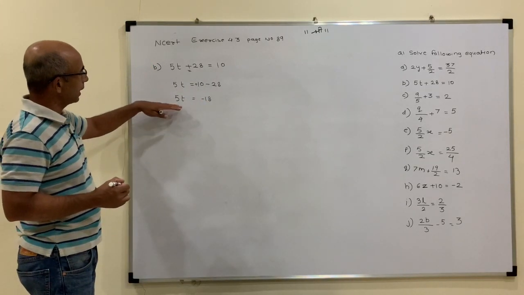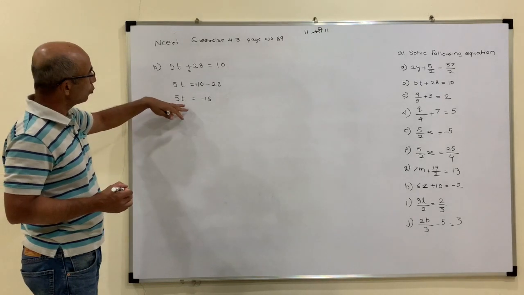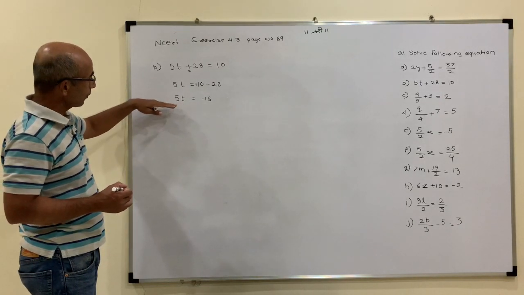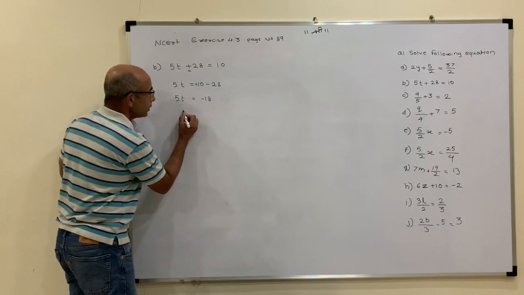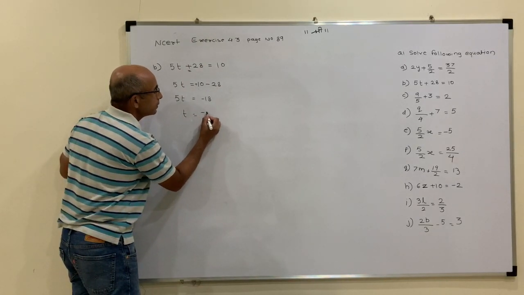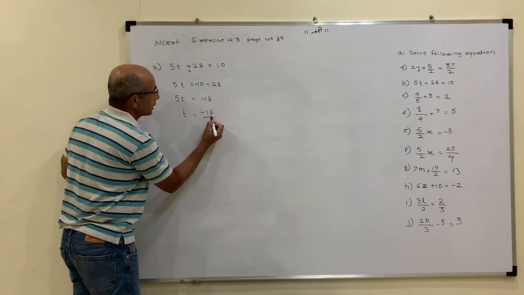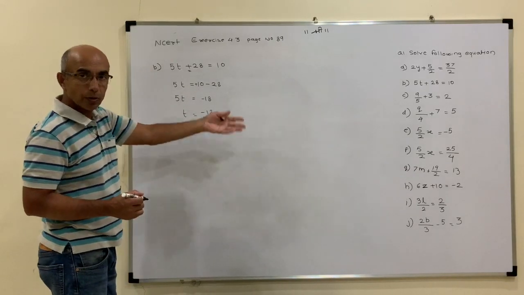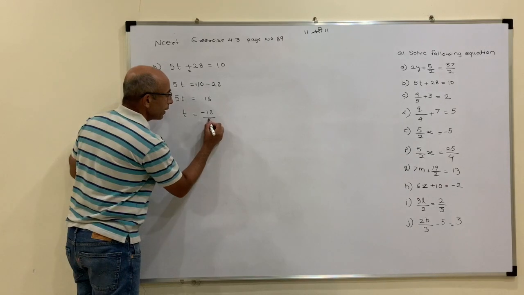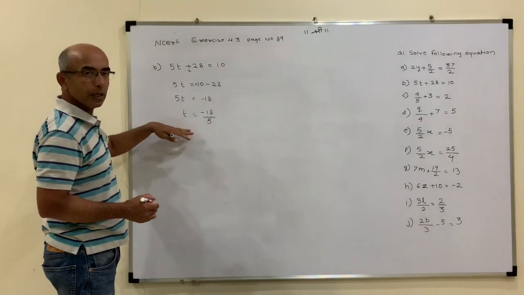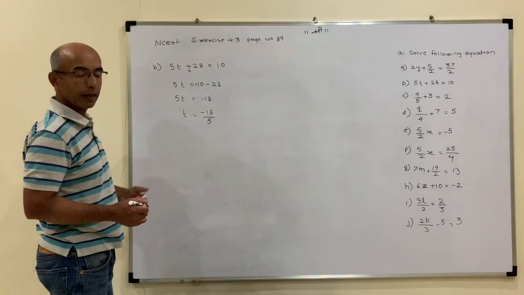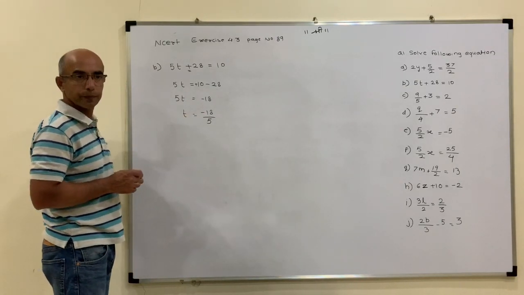Now 5 is multiplied to my variable t. So I am going to transpose 5 onto the right hand side. Since 5 is multiplied on the left hand side, when I transpose it onto the right hand side, it will be divided by 5. So my answer will be t equals minus 18 divided by 5.